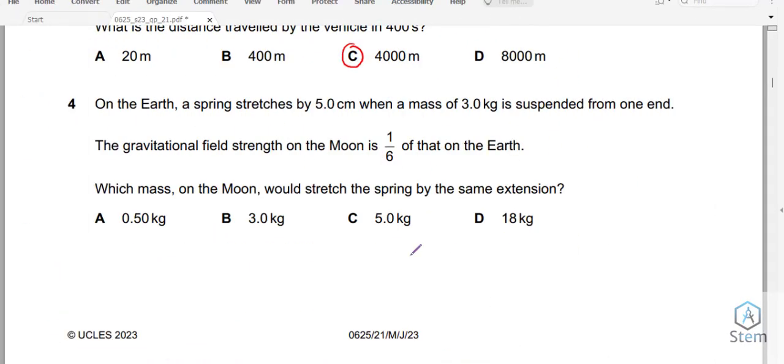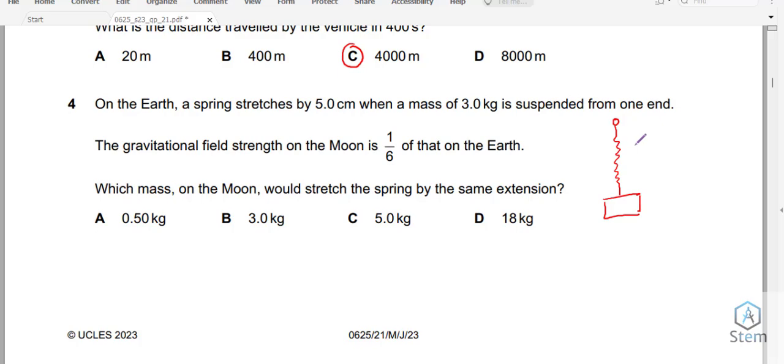Number 4 says, on the earth a spring stretches by 5 centimeters when a mass of 3 kg is suspended from one end. The gravitational field strength on the moon is 1/6 of that on earth. Which mass on the moon would stretch the spring by the same extension? Now our setup is going to look something like this.